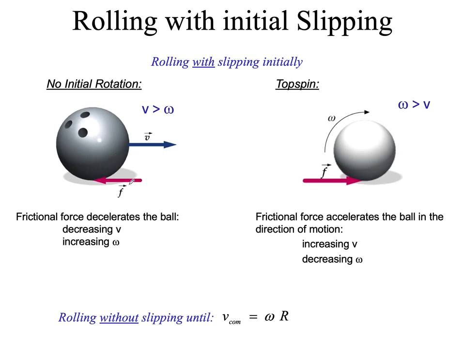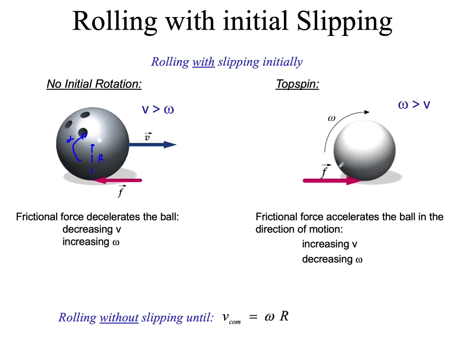And that friction, because it's acting against the motion, is going to decrease your velocity, but it's going to increase omega. Why? Here's the center of mass of this object, and you have a radius, and so this is going to angularly accelerate this thing this way, which is going to begin to get it rotating this way as it goes.